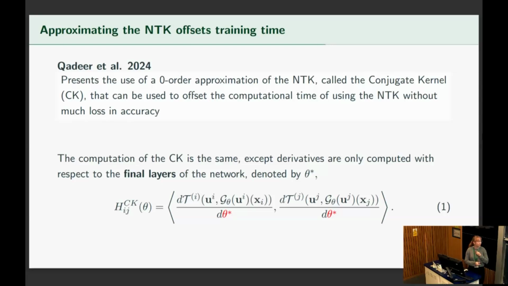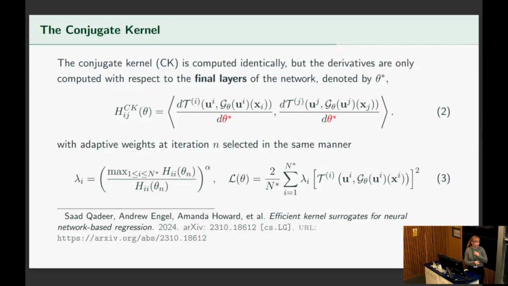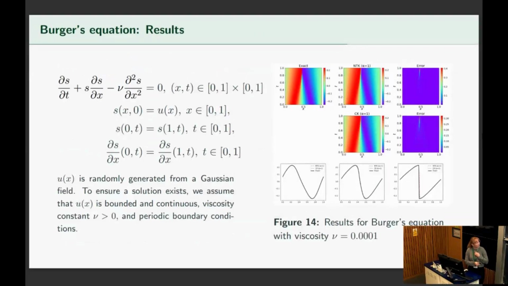And the difference here is that we compute the same sort of matrix, but only take derivatives with respect to the weights and biases of the final layers of our network. And so we keep the same weight loss selection algorithm, just taking a simpler calculation here.